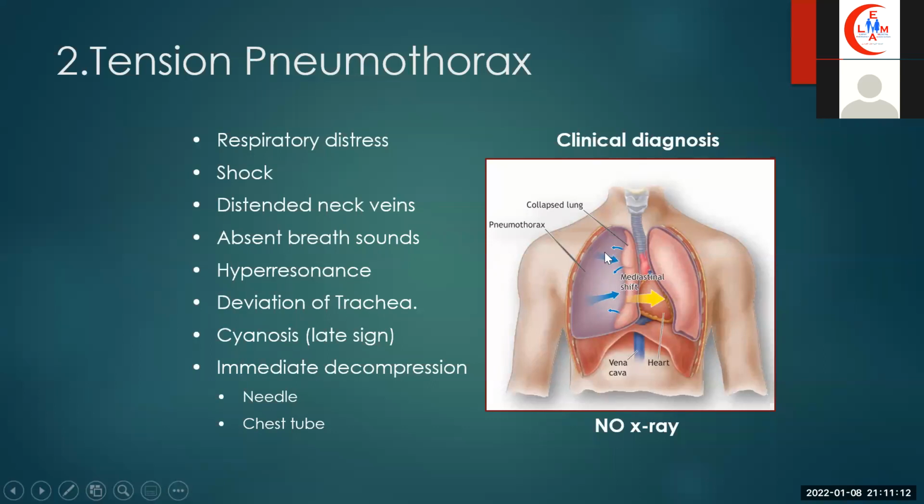Before, they used to put it in the 2nd intercostal space, but under the new guidelines you need to put it in the 5th or 6th, anterior to the mid-axillary line. In children, you can still do it in the 2nd intercostal space, but in adults you have to put it laterally, where you put the chest tube. So you keep the needle inside, and you prepare the patient for putting in the chest tube.